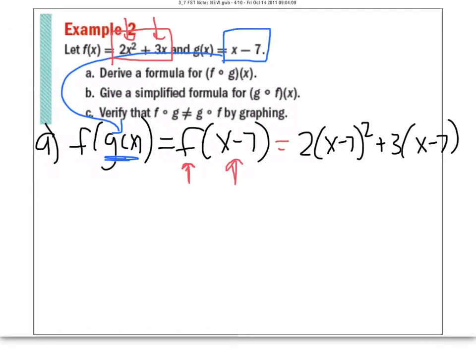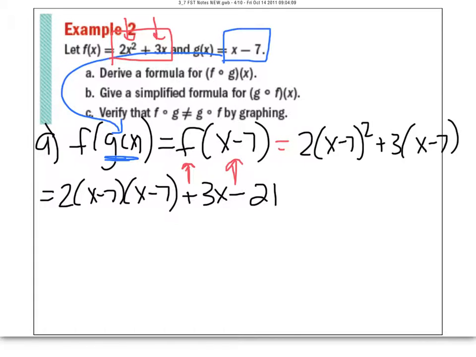Now, this is kind of a lengthy problem because we want to put it in standard format. Be cautious here. Don't just distribute the 2 to both. You have to repeat the base of x minus 7 twice. So I'm going to do that here. x minus 7, x minus 7. I'm going to go ahead here and distribute the 3 to both right now, though. 3 times x is plus 3x. 3 times negative 7 is negative 21.